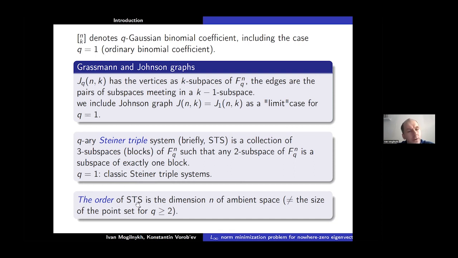The order of a q-ary Steiner triple system is the dimension n of the ambient space, which is not the same as the number of points, for q at least 2. So when I refer to points of a Steiner triple system, I mean the points of the corresponding projective space.